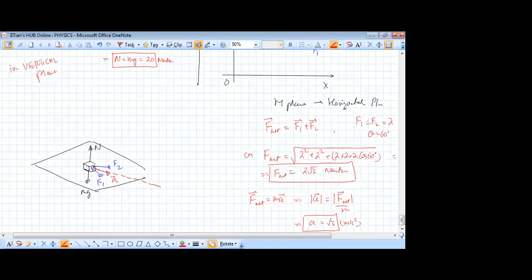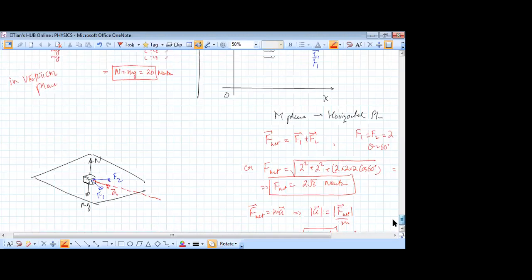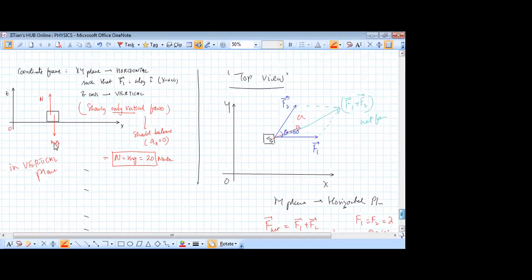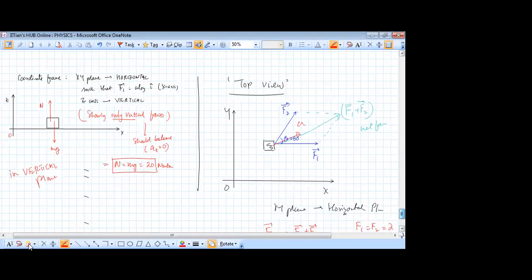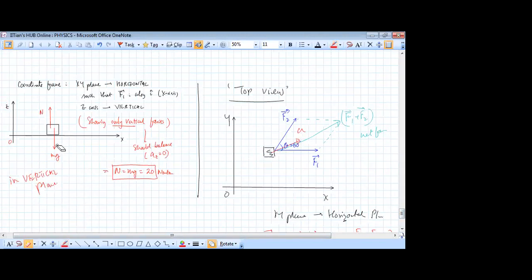So to make things simple over here, because this is a 3-dimensional diagram, I have first looked at it from the side. So I am looking into the vertical plane and the vertical forces are balancing each other in the XZ plane. Then I am looking at it from the top. Okay, so I am looking into the floor, into the horizontal XY plane.